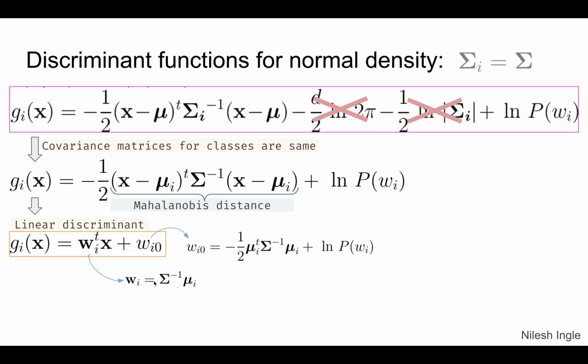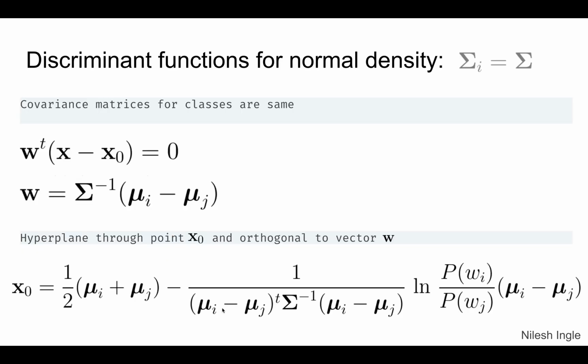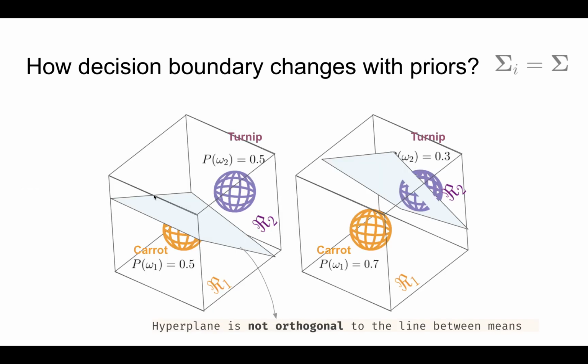Now again, with the same setup where the covariance matrices of the classes are the same, we arrive at this relation for the hyperplane x0, and this can then be used again to classify the data points.